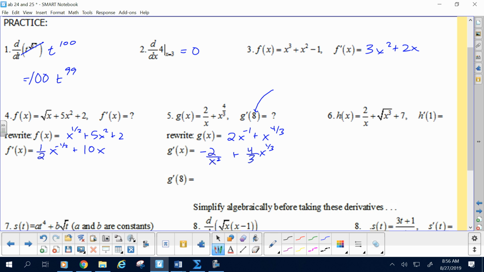Now, at 8, that's negative 2 over 8 squared plus 4/3 of x to the 1/3, which is the cube root of 8, eh? So did you get something like negative 1 over 32 when that's reduced, plus 8/3? And what is the common denominator? Oh, yeah, I got to be able to do arithmetic? Yeah, you do.